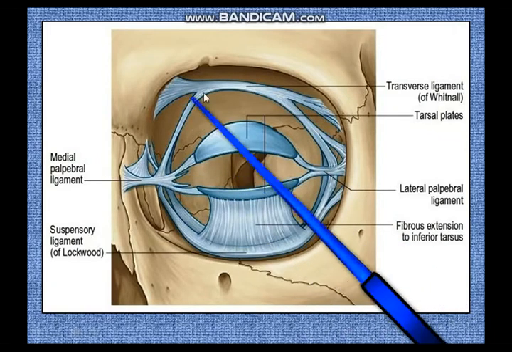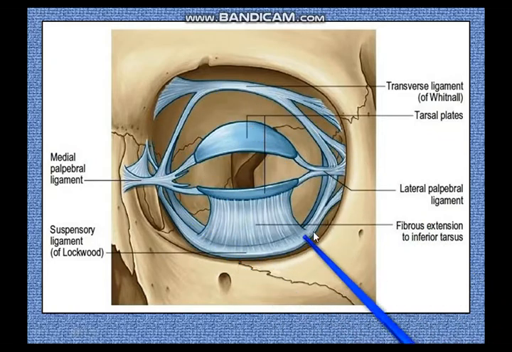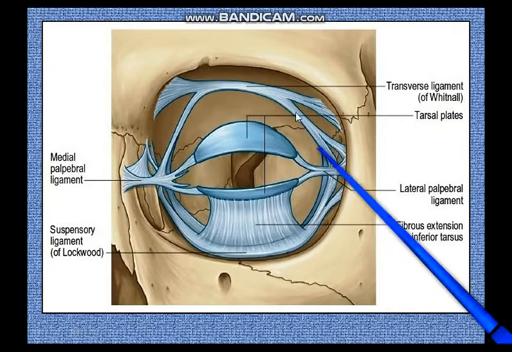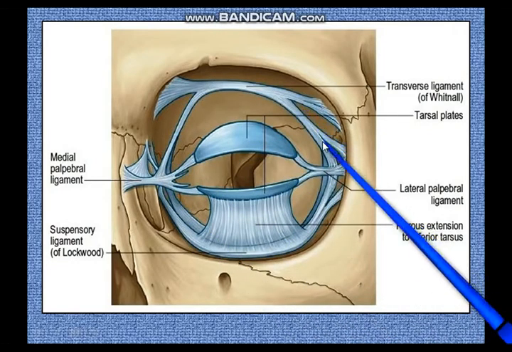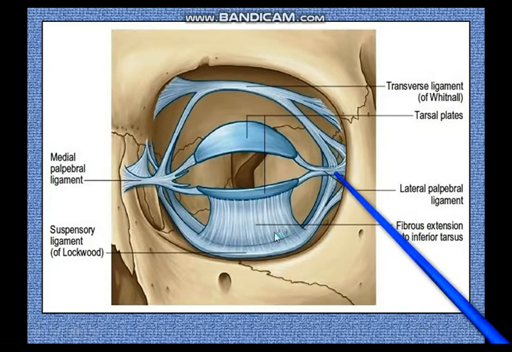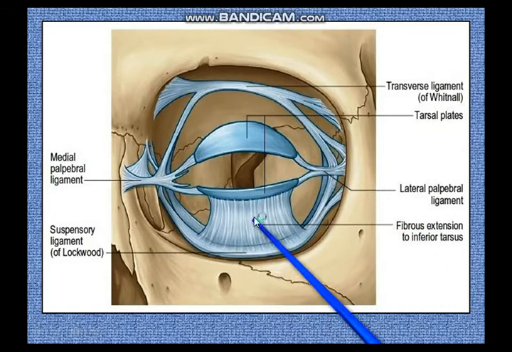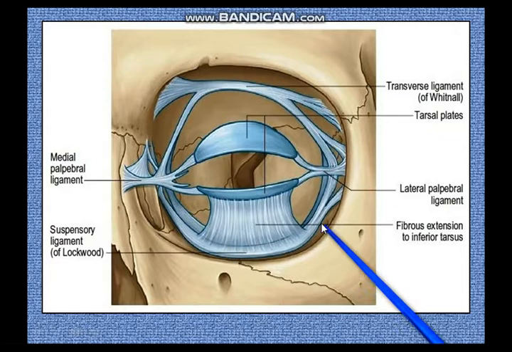Not only that, they are anchored to an entire fibrous network which is part of the condensation of the orbital fascia. So you can see there is a transverse ligament over here which is also connected to the tarsal plates through the medial and lateral anchor points, and you can make out that this inferior tarsus has a fibrous extension to this hammock which suspends the eyeball, which is called the suspensory ligament of Lockwood.